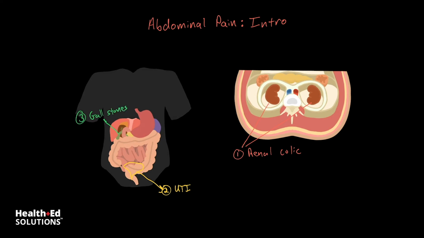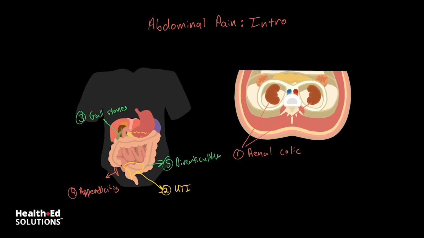Number 4 would be acute appendicitis. And we'll draw in a little appendix there. Number 5 would be diverticulitis. Number 6 is acute pancreatitis, and you kind of see the pancreas peeking out here.